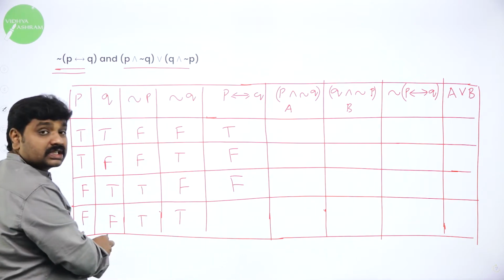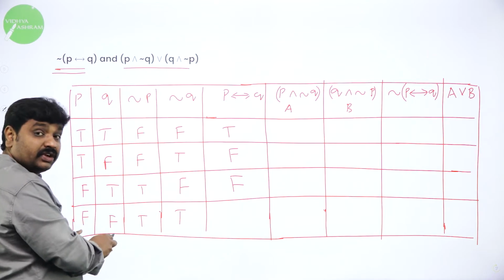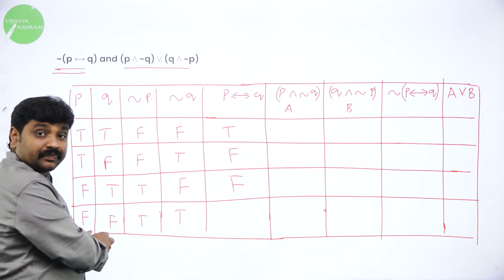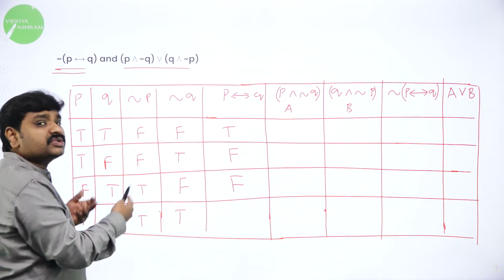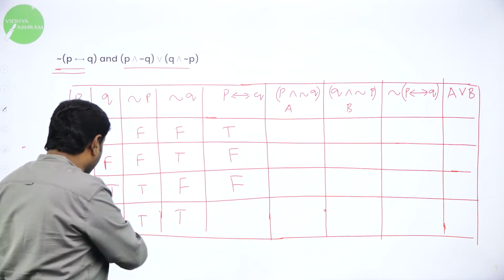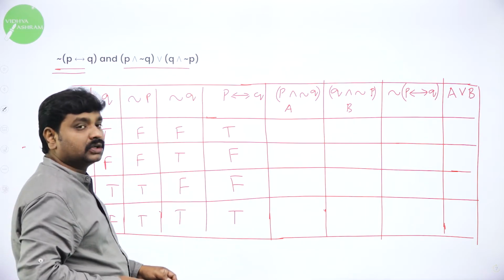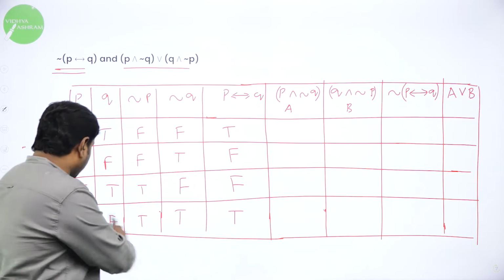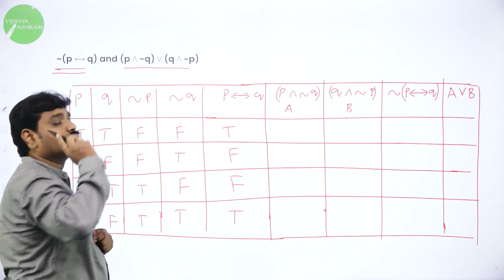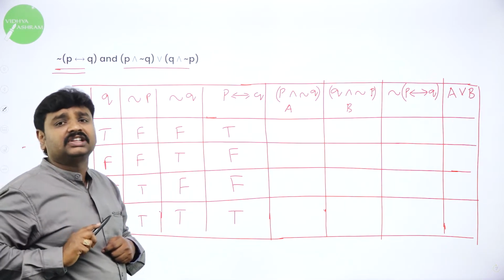And false, false: are they same? Yes, both are same, so result has to become true. So if both are same, result will become true. If both are different, result is false.